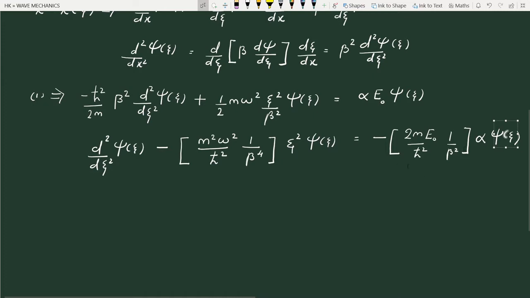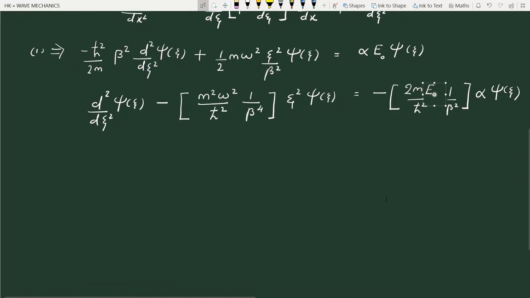Let us look at these terms in the square bracket. There is a square bracket here, and a square bracket here. Now consider this one. Suppose this entire term is equal to 1.